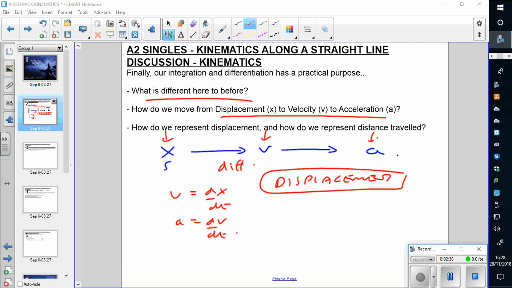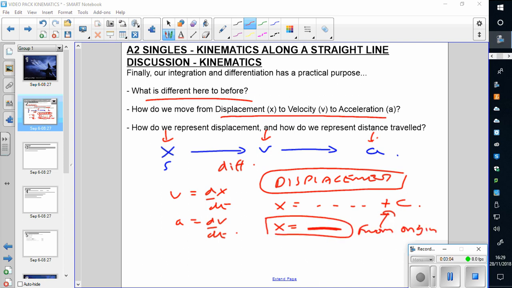So if the question asks, what's the distance from the particle to the origin, or what's the displacement, you're going to find x equals, and you're probably going to have a plus c, and you're going to need to find c, okay? And then if it asks you for when t is 5, you sub in t is 5, and that x value will give you the displacement from the origin. All right, so it's all relative from the origin, your displacement equation.